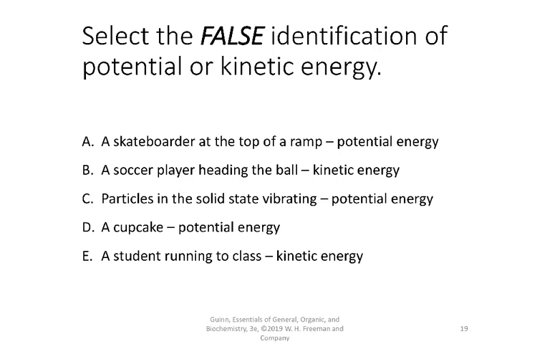All right, another way of asking a similar question. Here are some situations identified as potential or kinetic. Which one is wrong? Select the false identification of potential or kinetic energy. So go ahead and pause.